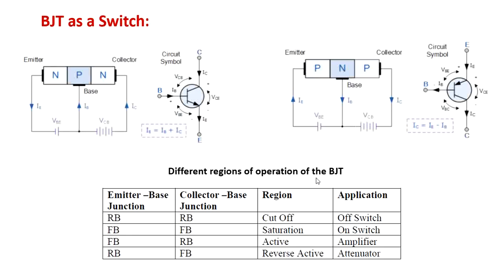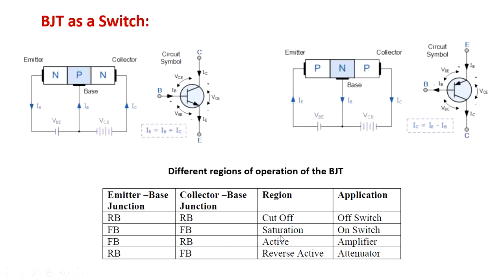Now coming to BJTs, bipolar junction transistors. You must have studied these also in your basic electronics course, NPN and PNP types. There are different regions of operation of a BJT. When both junctions are reverse biased, it is in the cutoff region, and it acts as an off switch.